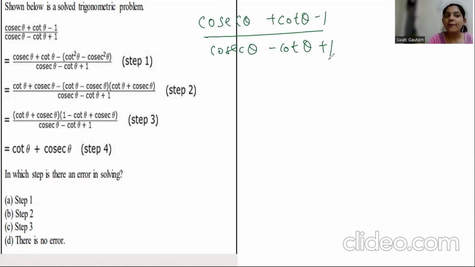This is a very important question of your book. Same type of question is an example also in the NCERT book, and this question you will get in class 10th trigonometry, or in ICSE maybe in class 9th, or in any other board. Most probably you will get in class 10th trigonometry only.